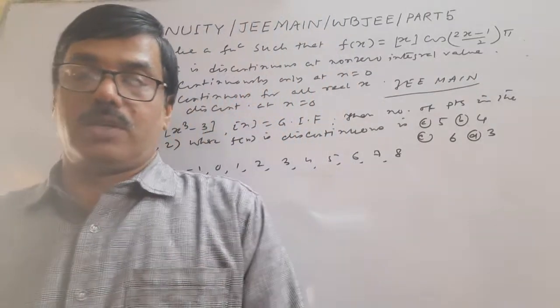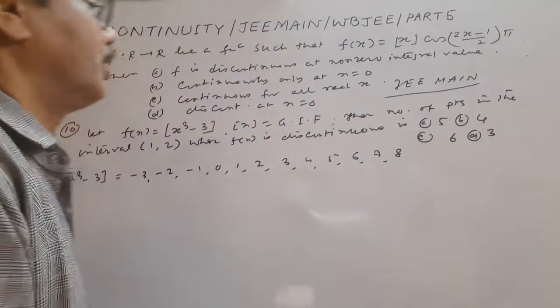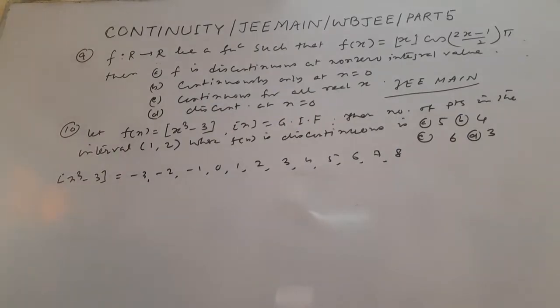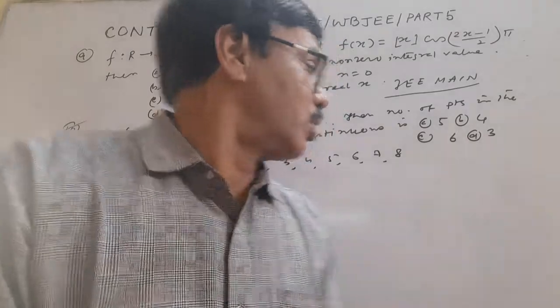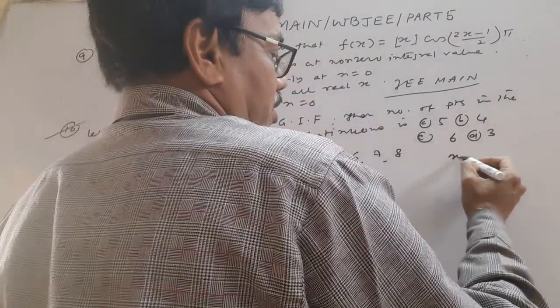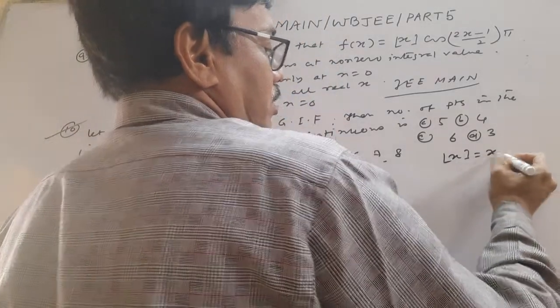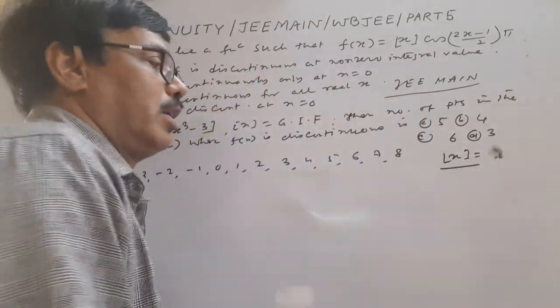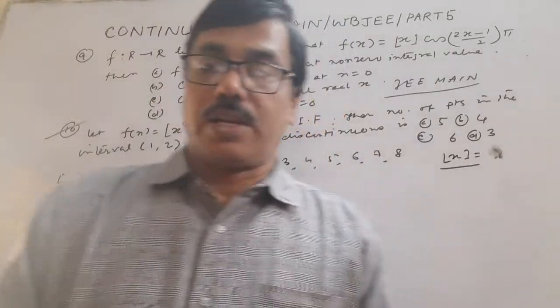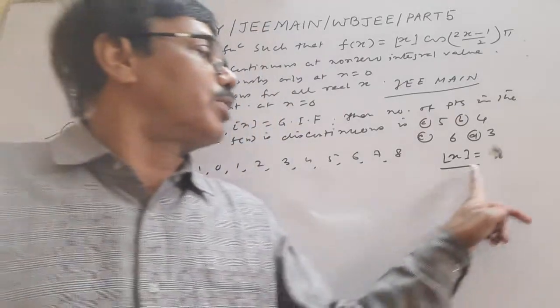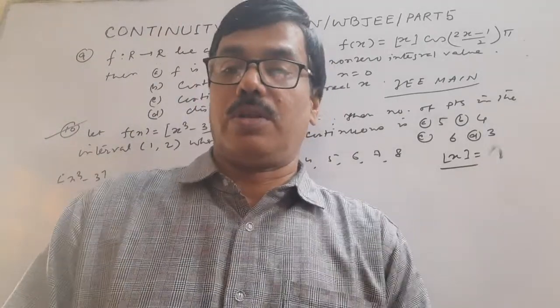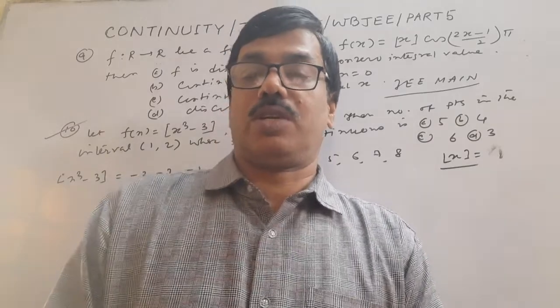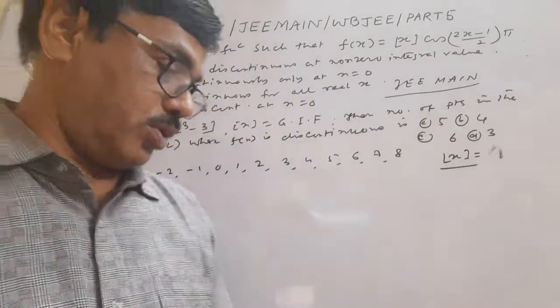Now we consider true problems of JEE. So they are of same type using greatest integer function. So you know greatest integer function, third bracket x, and it is continuous at non-integral values but not continuous at integral values.